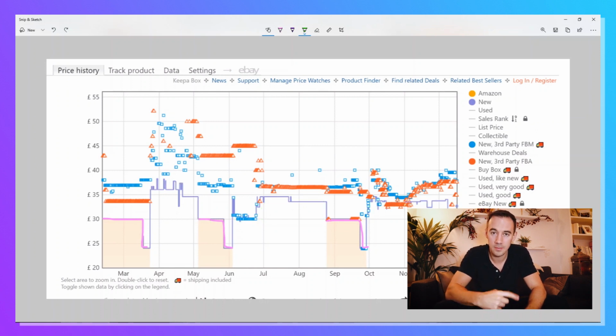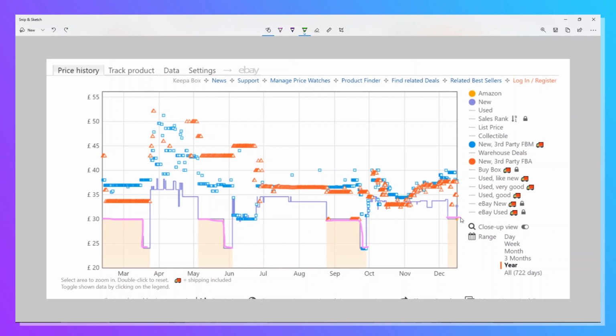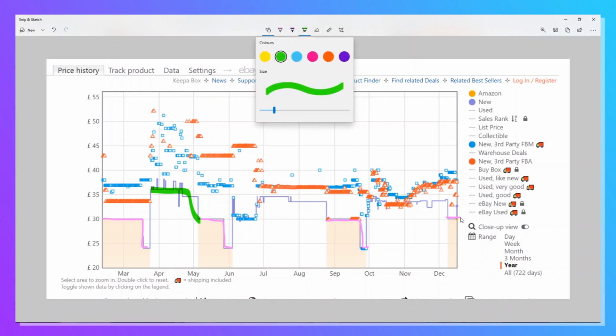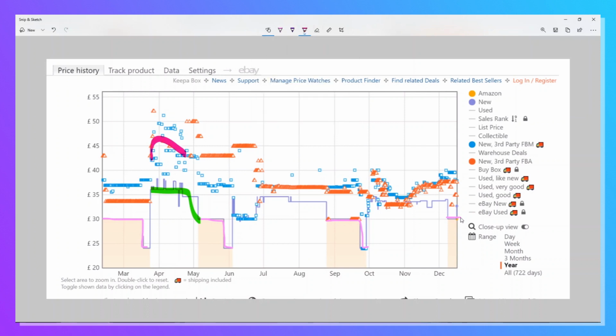So if I undo this, if we have a look here, this new price here, you can see that, that's the new price. But if I change the color, I can see this is pretty much the FBA price. And if I go along here, the FBA price is pretty much that. And again, the FBA price is really weird, is that. But remember, the new price is this.